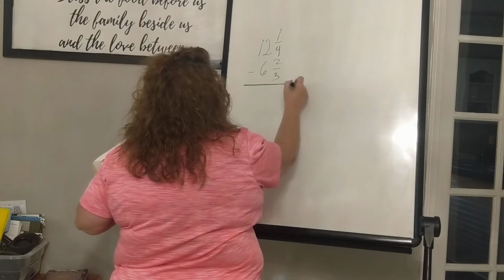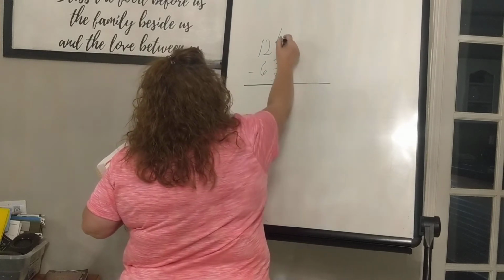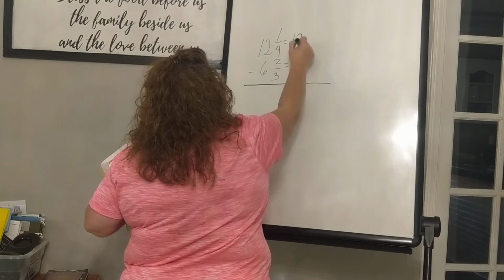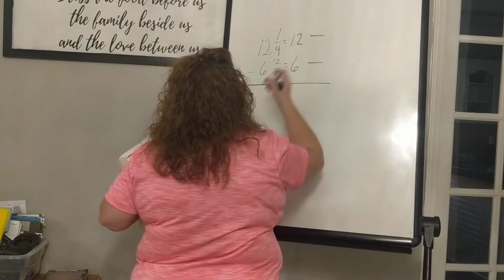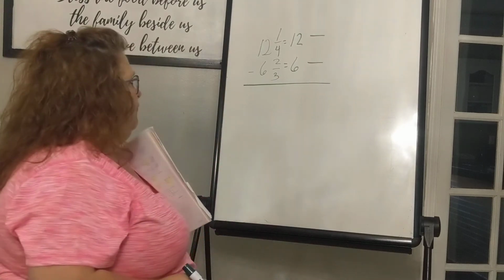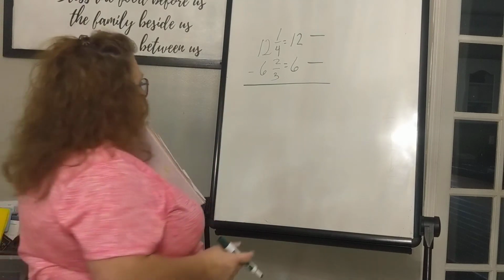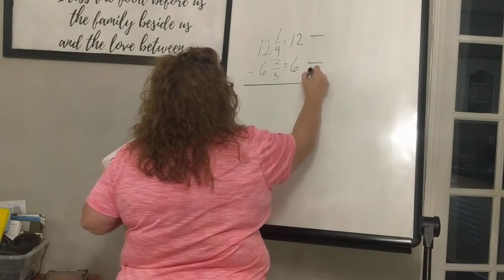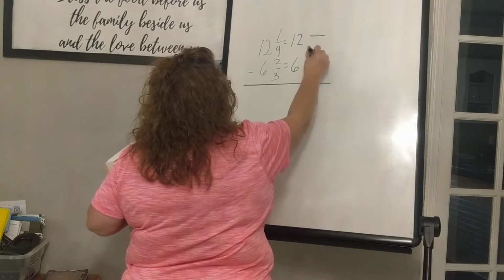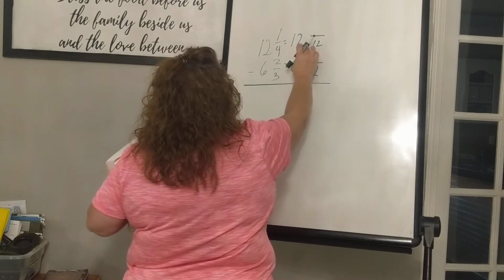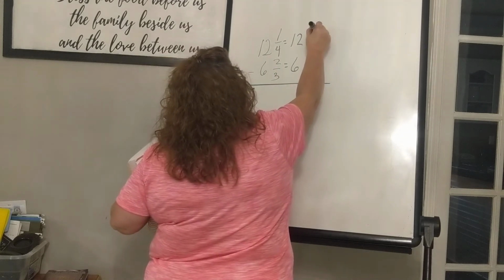So the first thing we're going to have to do is bring our whole numbers over and set up to make equivalent fractions. Our least common denominator for 4 and 3 is 12. 3 will go into 12 4 times, and 2 times 4 is 8. 4 will go into 12 3 times, and 1 times 3 is 3.